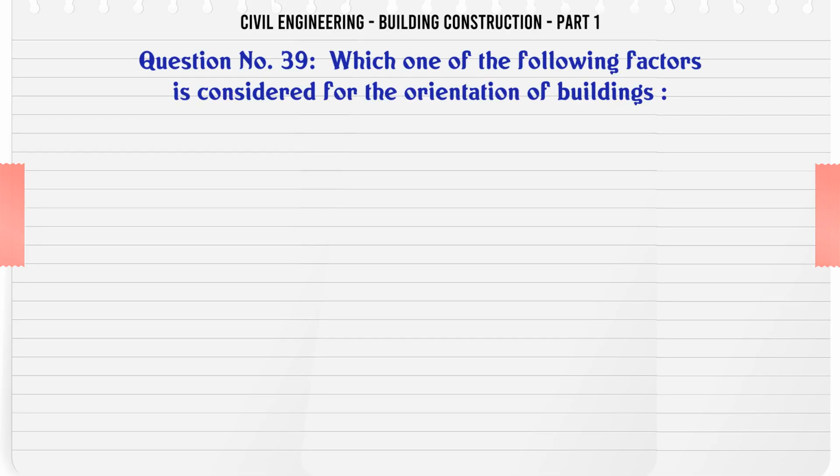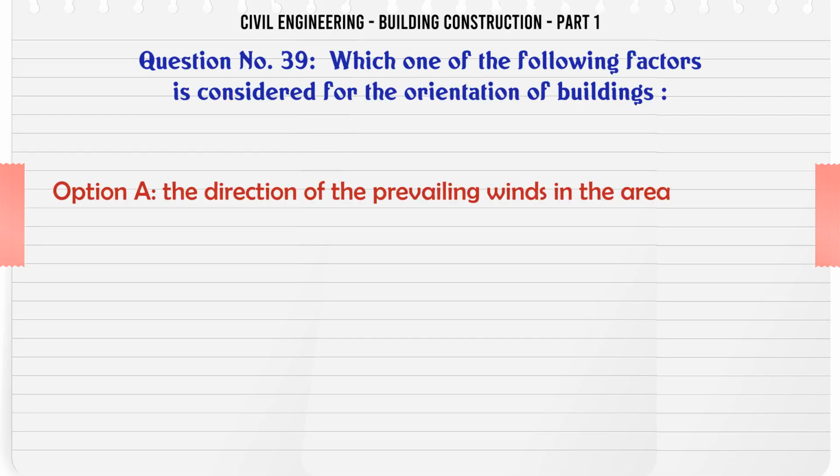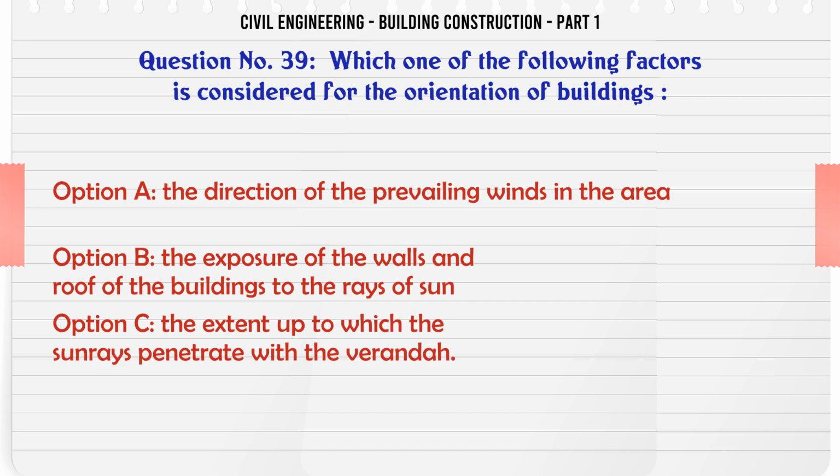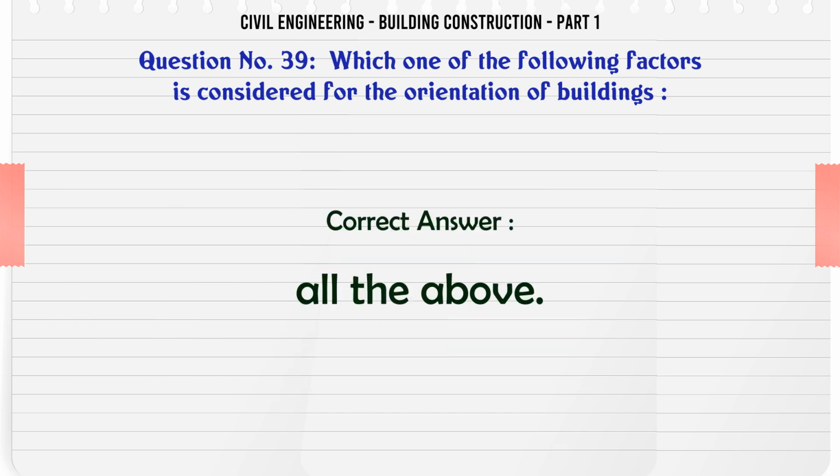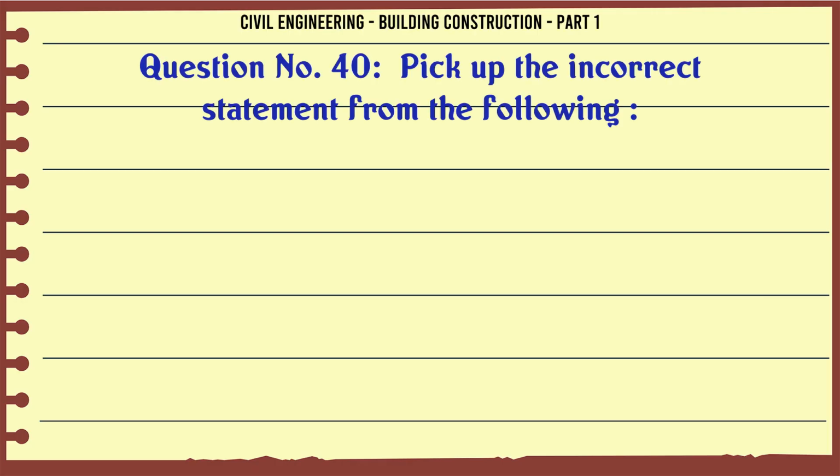Which one of the following factors is considered for the orientation of buildings? A, The direction of the prevailing winds in the area. B, The exposure of the walls and roof of the buildings to the rays of sun. C, The extent up to which the sun rays penetrate within the veranda. D, All the above. The correct answer is all the above. Pick up the incorrect statement from the following.